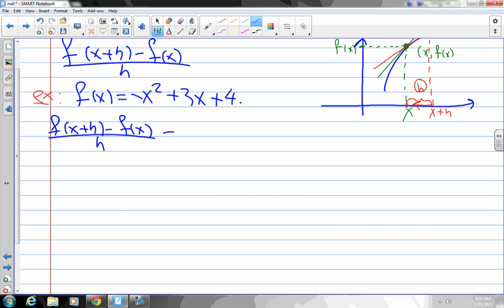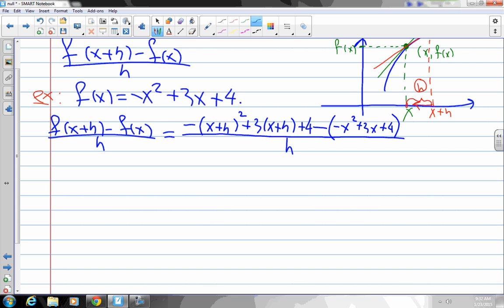We'll just say, okay, f of x plus h is negative of x plus h squared plus 3 times x plus h plus 4. This is f of x plus h, minus the original function. Put your original function in parentheses to make sure you actually subtract it, because the negative distributes through everything, all over h.